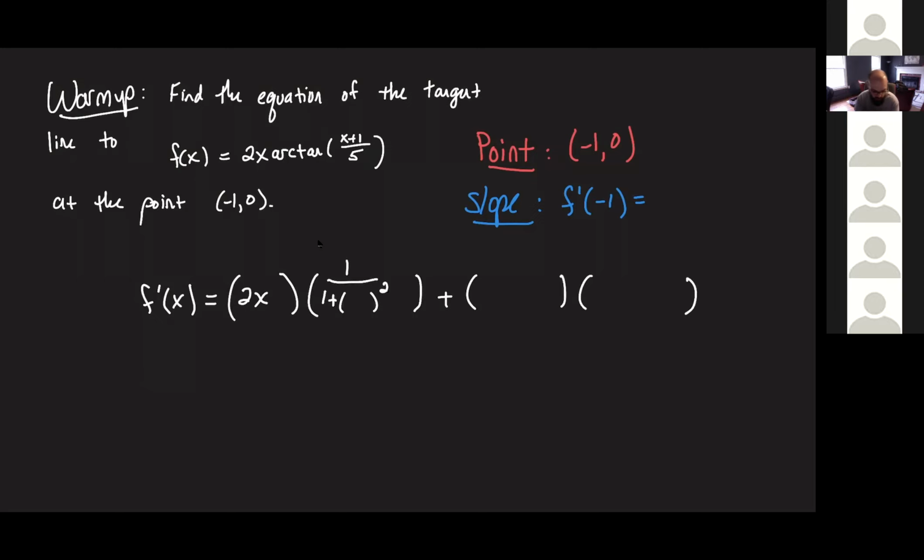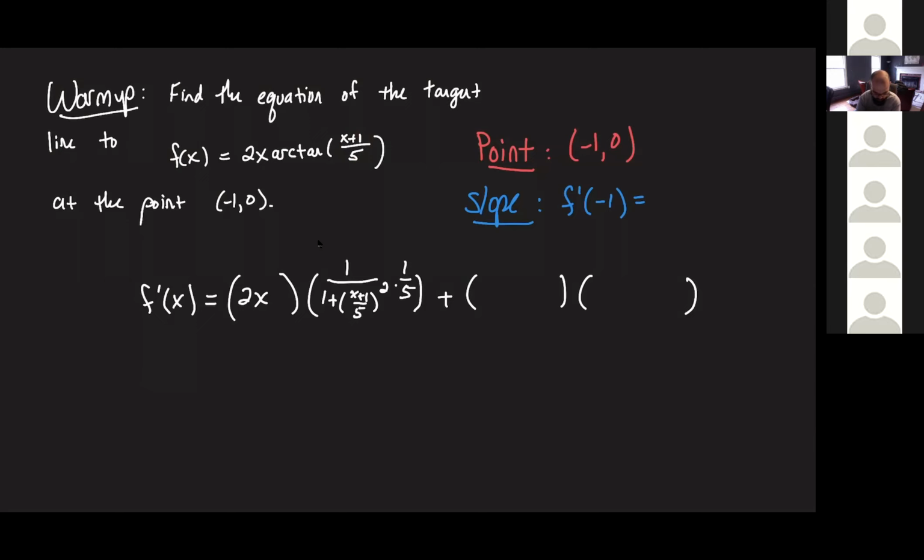So we have this, and we're going to put in x plus 1 over 5 here. And then I have to multiply all of this by the derivative of my inside function. And x plus 1 over 5, that's a linear function with slope 1/5. So the derivative of that is 1/5. So this is the first part of my product rule.